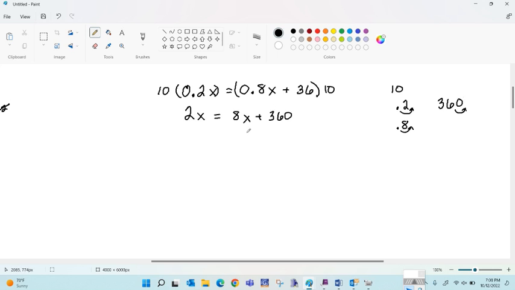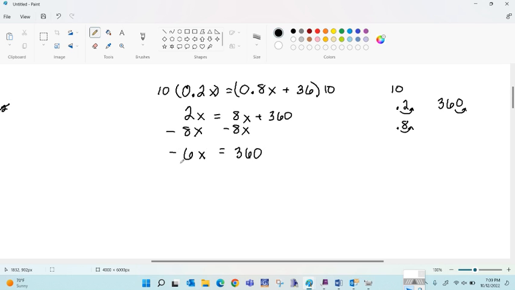Now you've got a variable on both sides. Some of you might think, I'm going to take away the 2x. You can, but that will end up having a blank over here, which is actually a 0, which confuses people. So we're going to move the variable to the side away from the other number. So I'm going to take away 8x on both sides. 2x minus 8x, 2 minus 8 gives me negative 6x's.